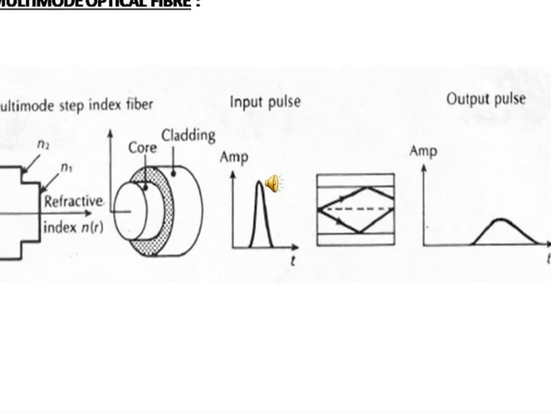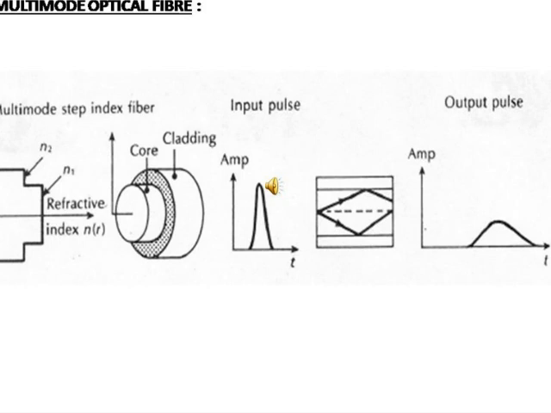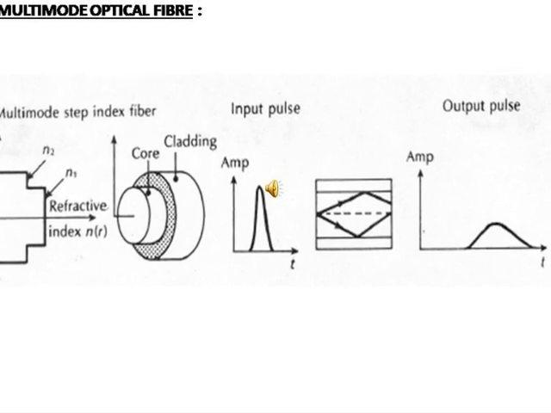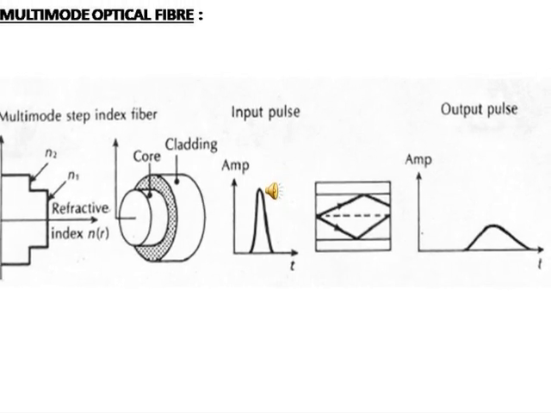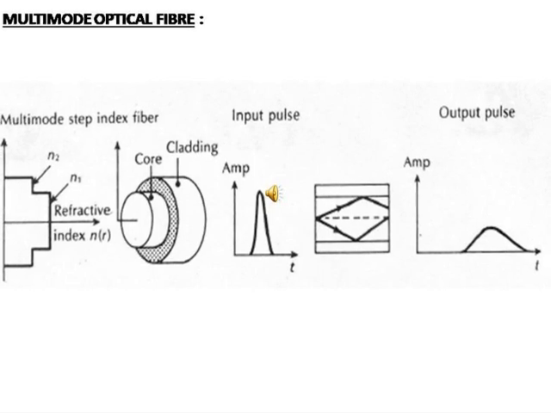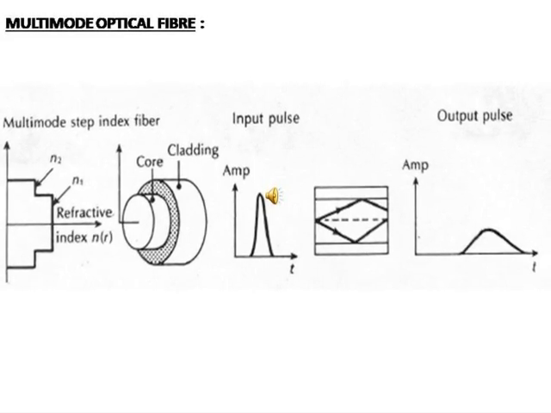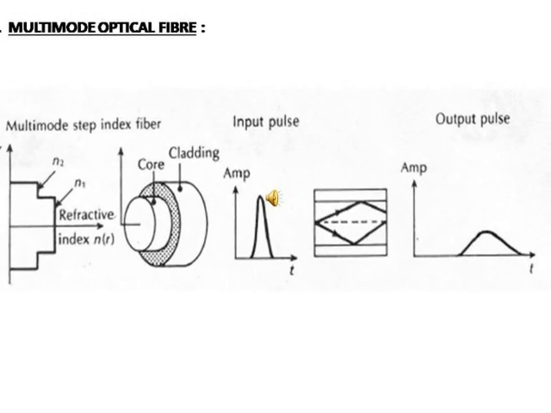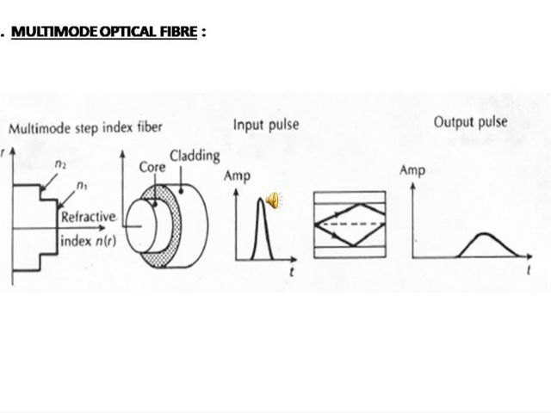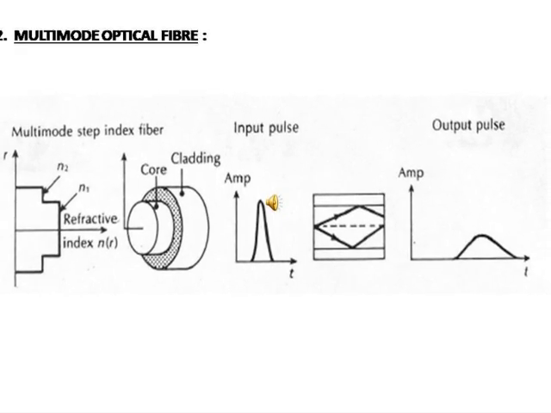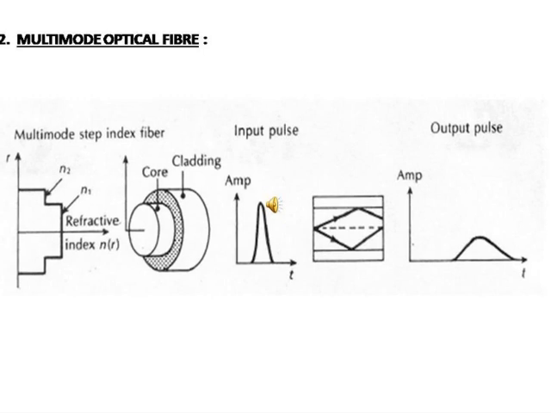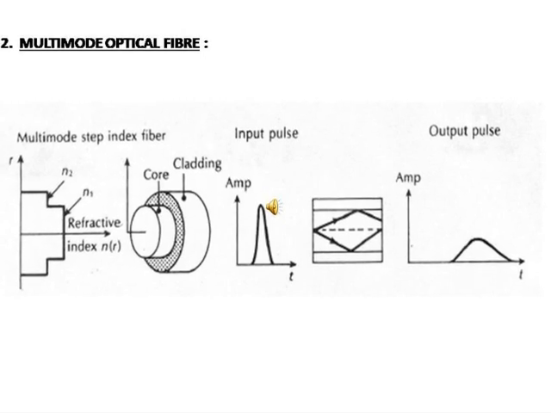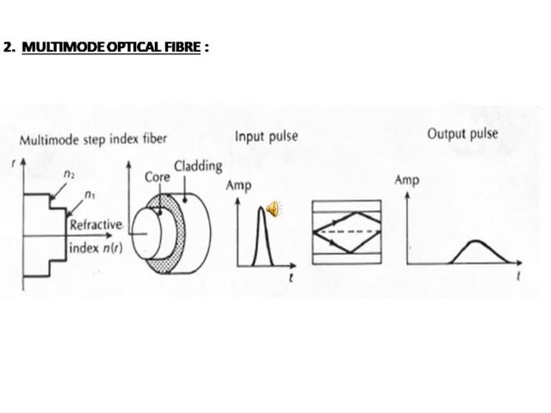Because multiple wavelengths are passing, the input signal is distorted at the output end. Here we can observe the input signal has less width, and the width of the output signal is much larger compared to the input. The output will get distorted.